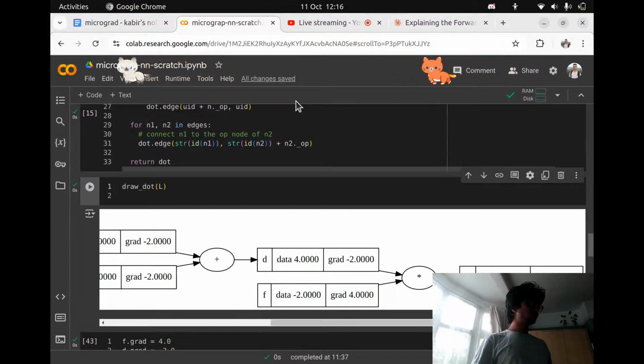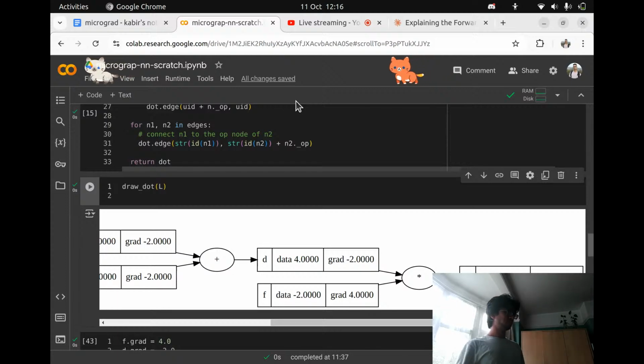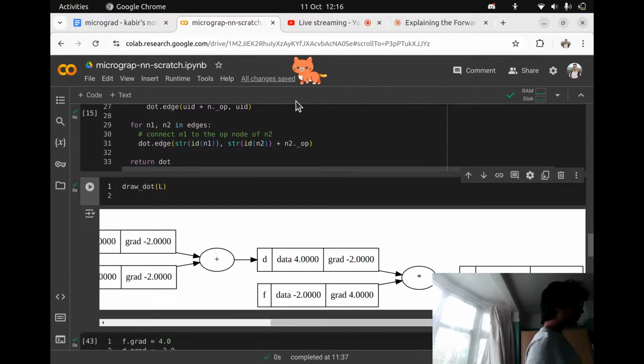And so, by symmetry also, dD by dE will be 1 plus 0 as well. So basically the derivative of a sum expression is very simple, and this is the local derivative.